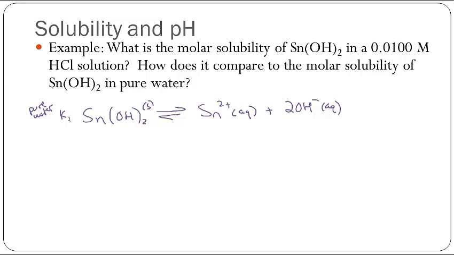But if I put it in an acid, what reaction is going to happen? So I have 2OH minus plus 2H plus makes H2O liquid. And this is our K2. And this is in acid.